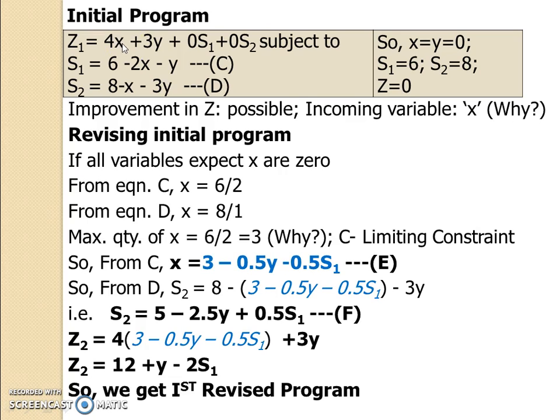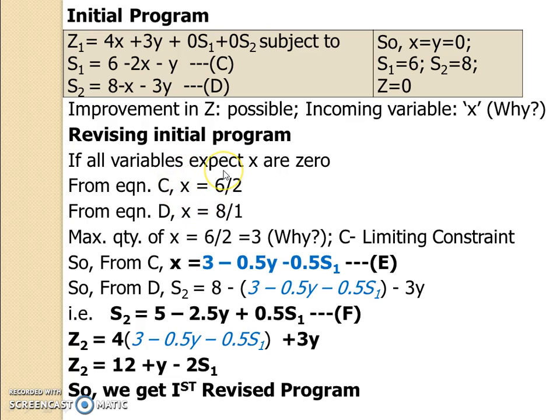Now once x has to enter the program, one out of these two members, that is S1 and S2, has to go out of the program because we know two equations can be solved only for two variables. Which one has to go out, S1 or S2, can be worked out by finding the maximum value of x possible by the two constraints.